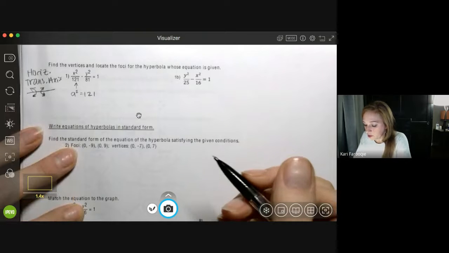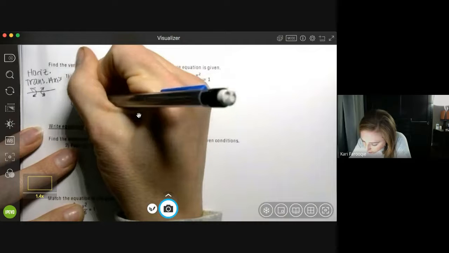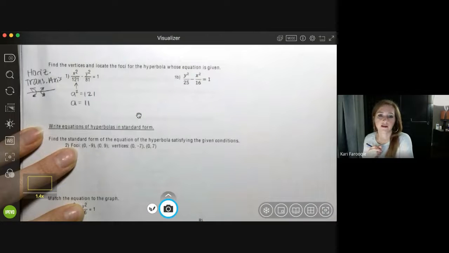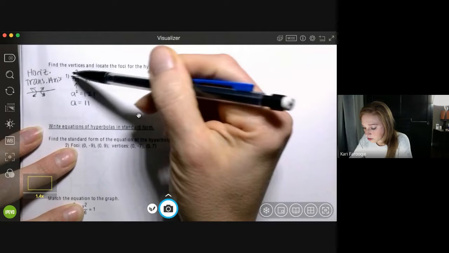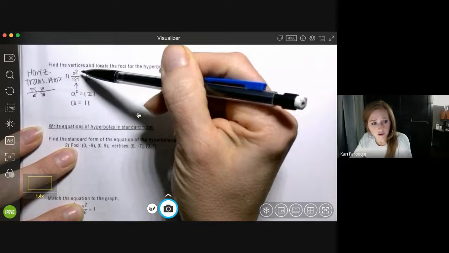So if we know a squared is 121, we know that a is 11. That must mean that our vertices are going to be 11 units to the left and to the right of the origin. Very similar to what we saw for circles and ellipses, we can tell that we're sitting at the origin because we're not taking anything away from x or y.